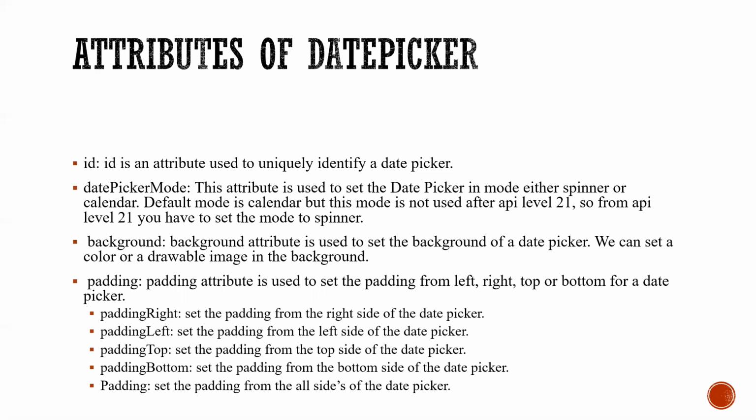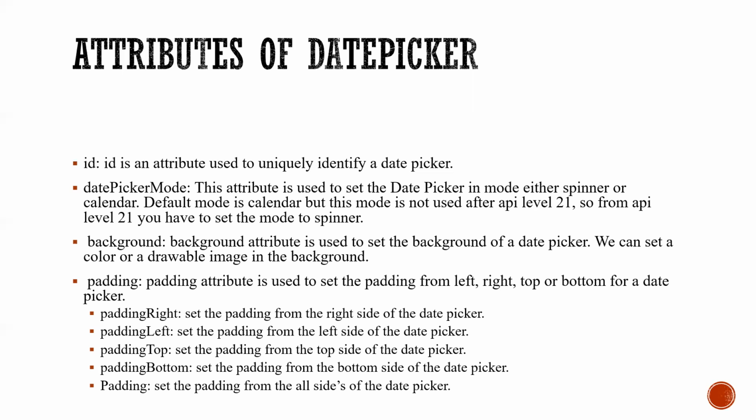Background. The background attribute is used to set the background of a DatePicker. We can set a color or a drawable image in the background. Padding. The padding attribute is used to set the padding from left, right, top, or bottom for a DatePicker. Padding right, padding left, padding top, padding bottom, and simply padding are the attributes of padding.